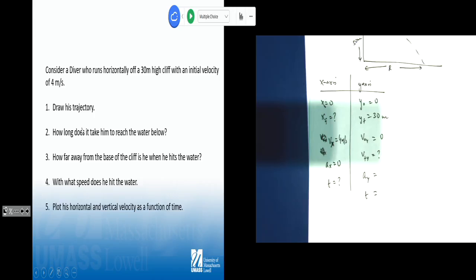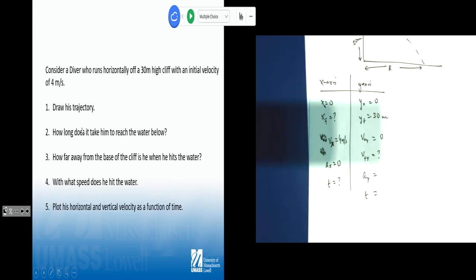What is AY? You said negative 9.8. Is that correct? Positive 9.8 because I took that whole point. Remember, it's a convention. Acceleration due to gravity is 9.8 downwards.